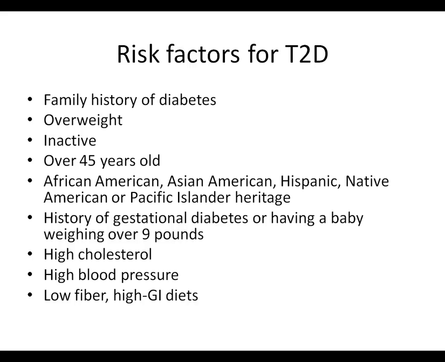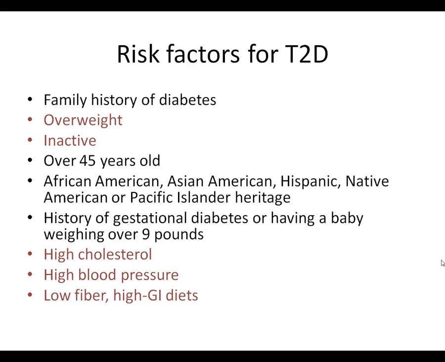Gestational diabetes, of course, but then there's some dietary things. So high cholesterol, high blood pressure, which for some people is caused by high sodium in the diet, and low fiber and high glycemic index diets.